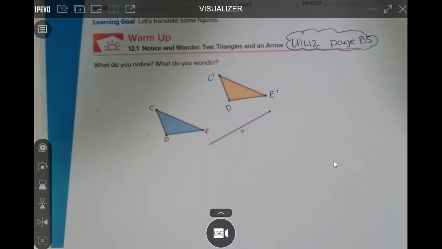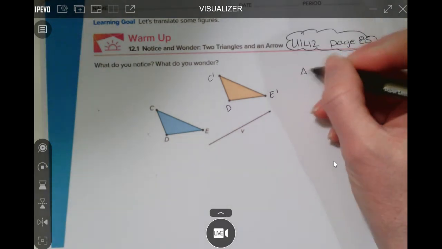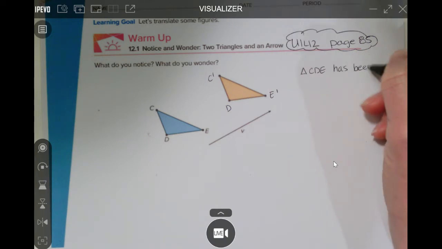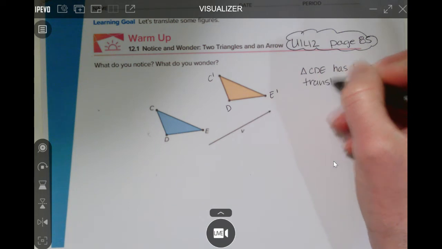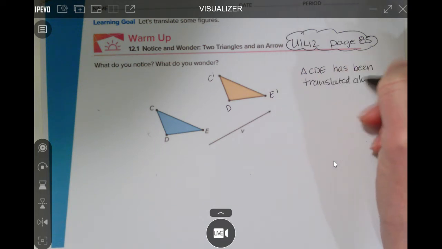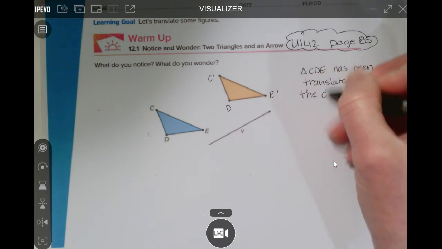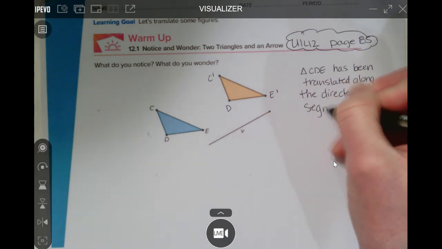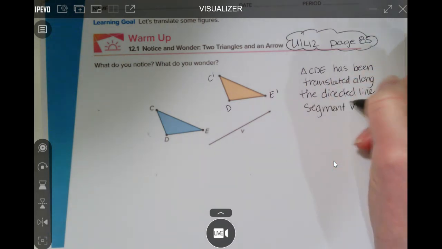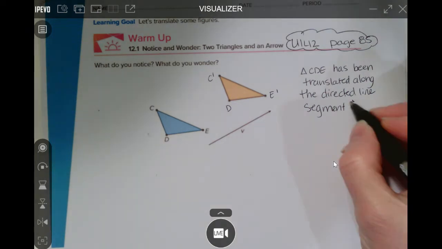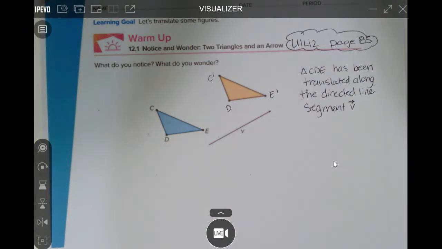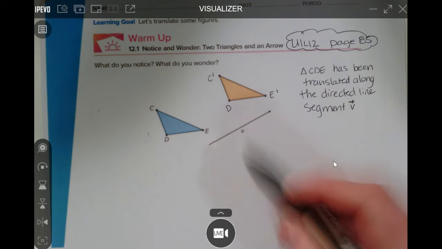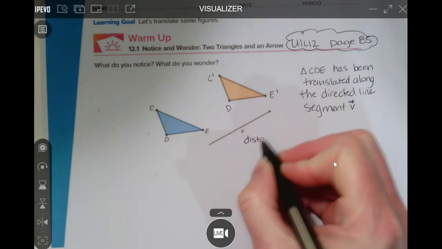What's been done here is that triangle CDE has been translated along the directed line segment V. So this is a little arrow that's above V. This is my directed line segment V right here, and it's telling me the distance and the direction.